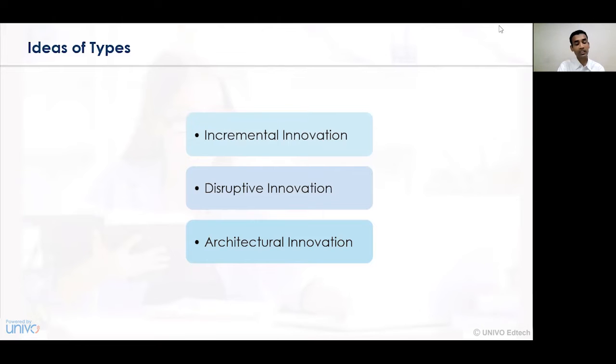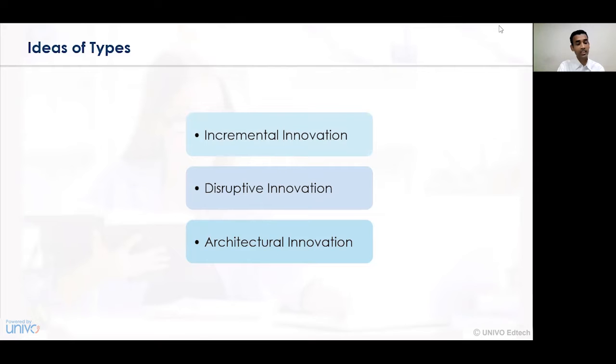Disruptive innovation is undertaken to change the entire product life cycle or production activity. When you need to change a disruption or eliminate a certain activity, such an innovation strategy is called a disruptive innovation.